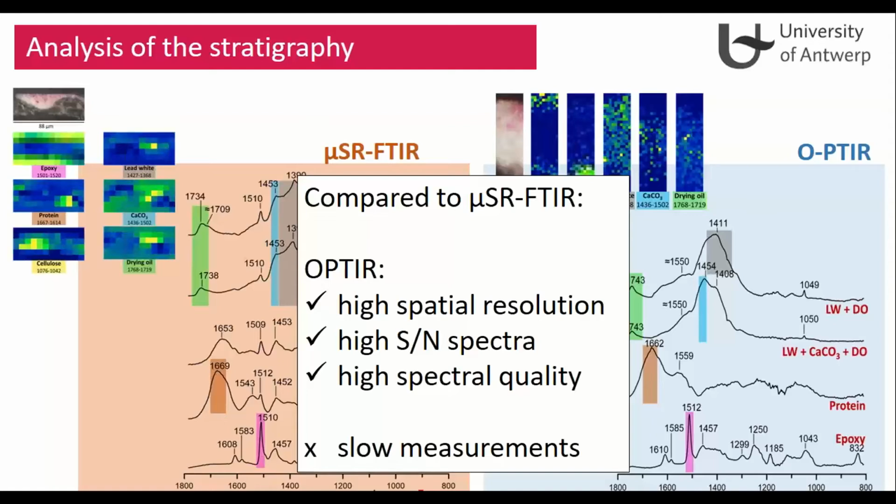So it takes longer to analyze the same size of area by O-PTIR than by synchrotron FTIR. But still, the time scale was good enough, and we could easily analyze all the components needed with O-PTIR. So it was not something that was difficult at all in our measurements.